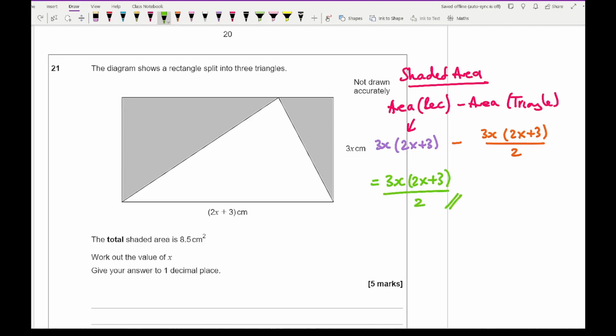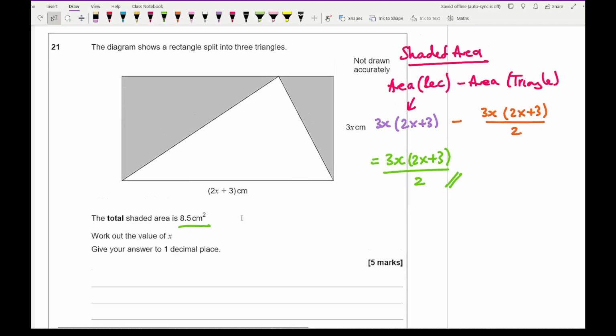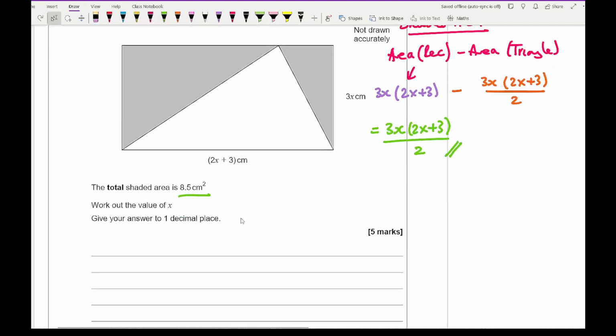Now the question tells me that this shaded area is 8.5, so then what I get is that 3x, 2x plus 3 all divided by 2 equals 8.5. Now if I take the 2 over, I end up with 3x, 2x plus 3 equals 17.